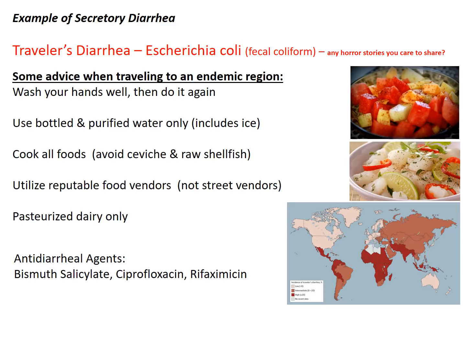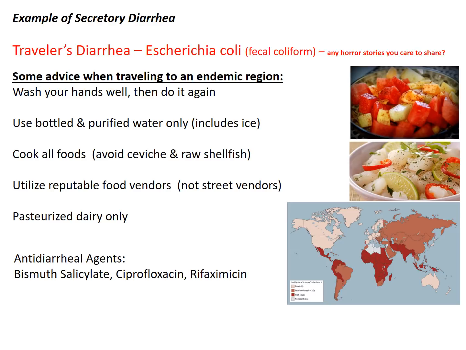But if you travel to other regions of the world where water is not completely purified, not chlorinated or ozonated, and you get exposed to water with those different types of E. coli species, you could end up with a pretty significant secretory diarrhea syndrome, watery mucousy diarrhea with abdominal pain, cramping, and fever, usually not bloody. And this type of diarrhea from this form of E. coli is usually not invasive.